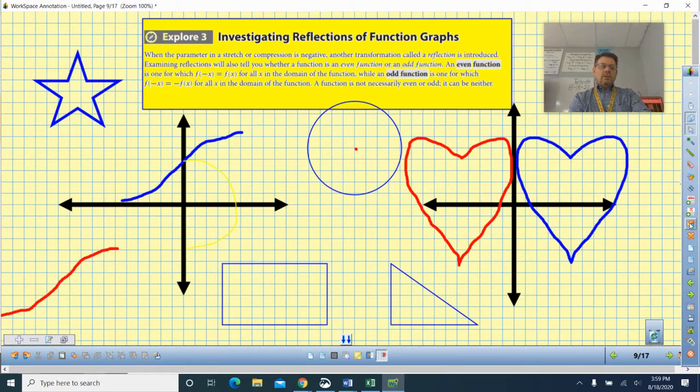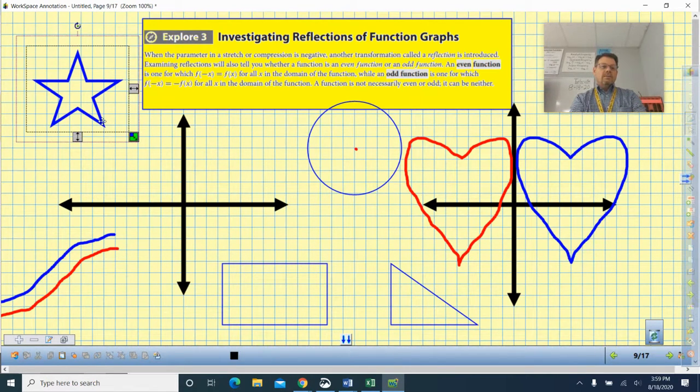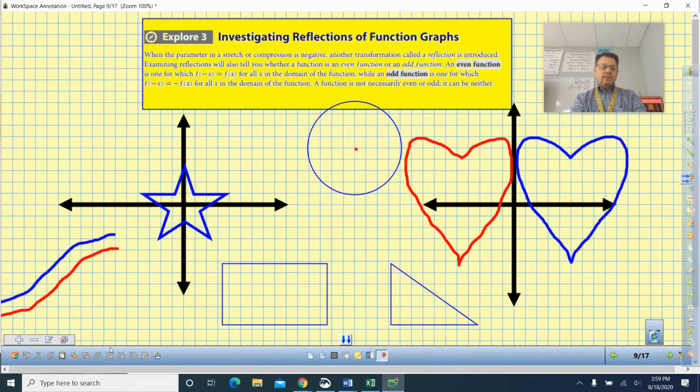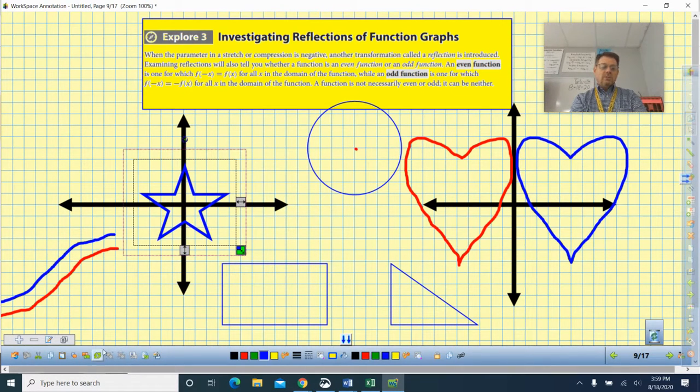So now, let me get rid of those guys and pick this guy up here. What other things could I rotate 180 degrees? I wonder if I can do that star. Let me grab that star. What happens if I rotate my star 180 degrees? Will it come back to exactly the way it was before?